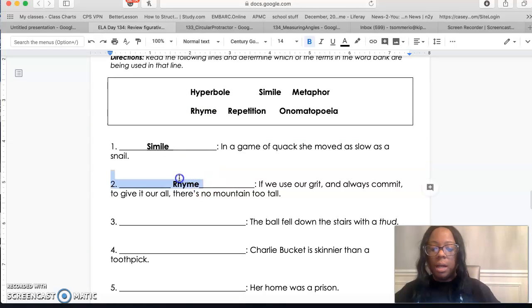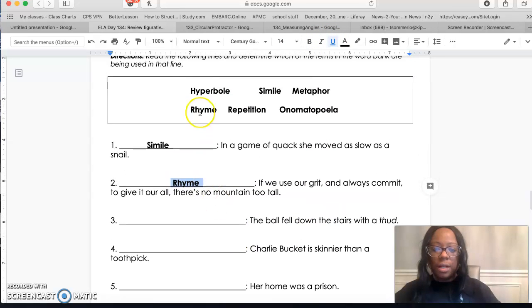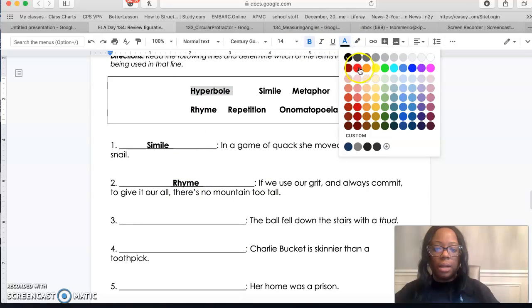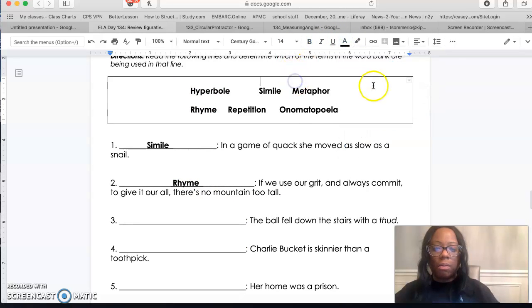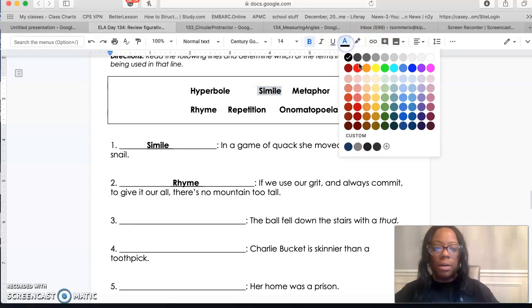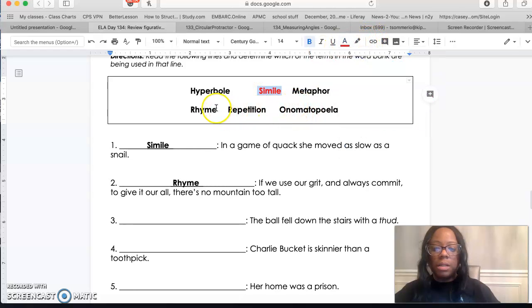Number 3, the ball fell down the stairs with a thud. So let me make these where we can know that we've used them already. So I'm going to make simile a different color. I'm going to make rhyme a different color because we've used those already.